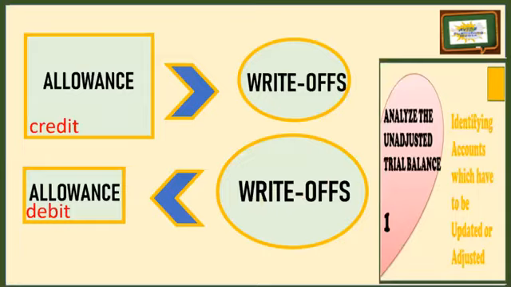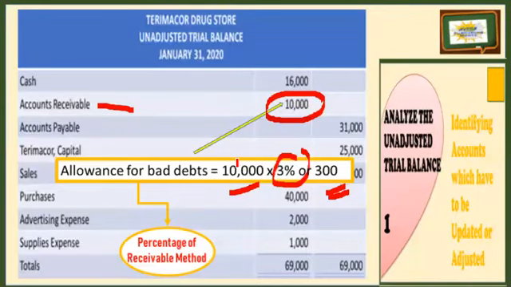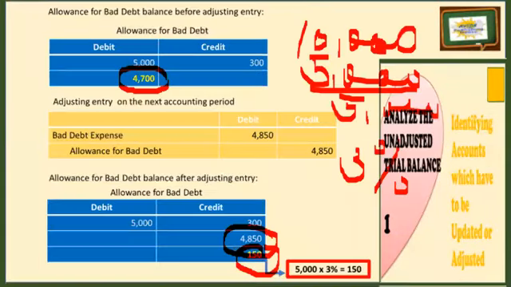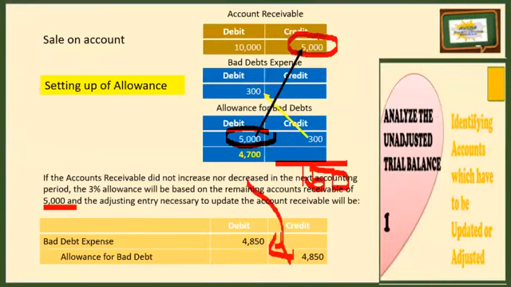So in our example here, in the first period, there were no write-offs, there was no actual uncollectible account. Therefore, this 300 is on the credit side. Let's go back to that. The 300 is on the credit side.